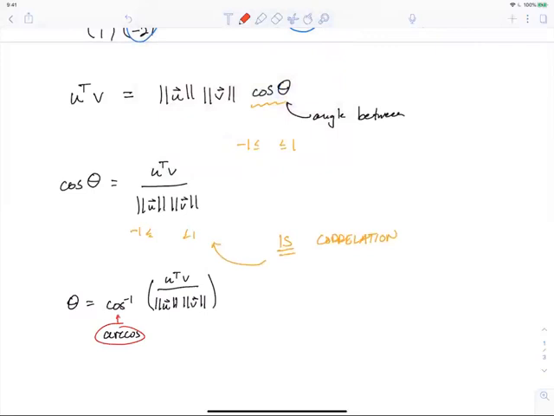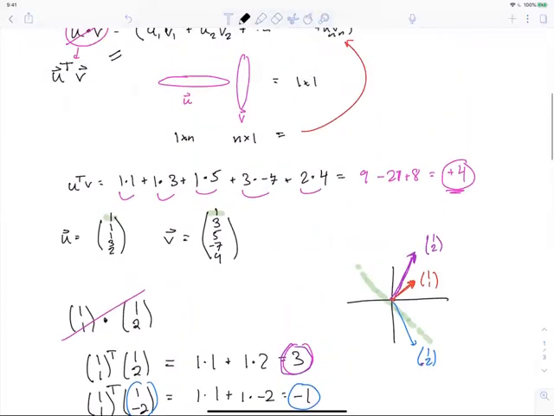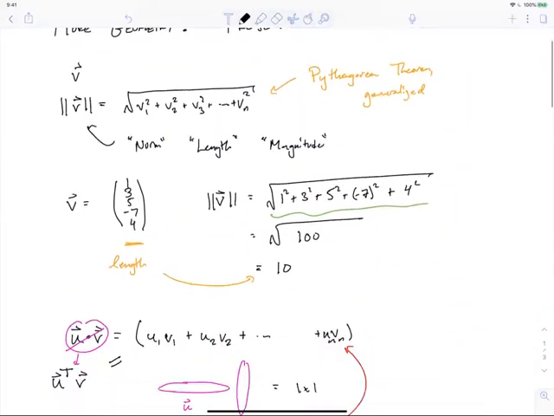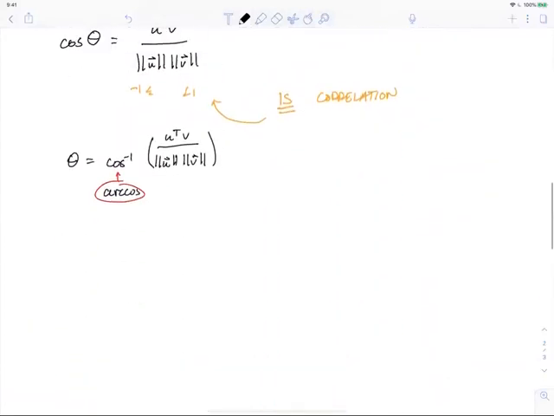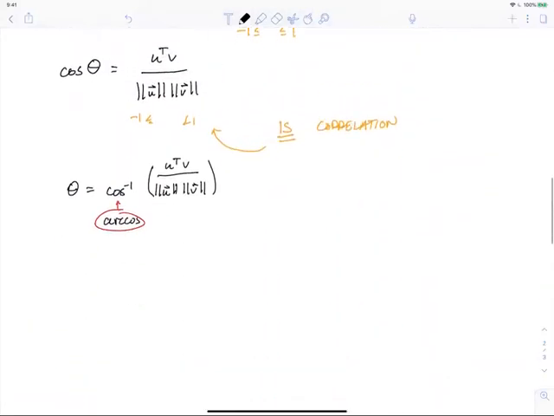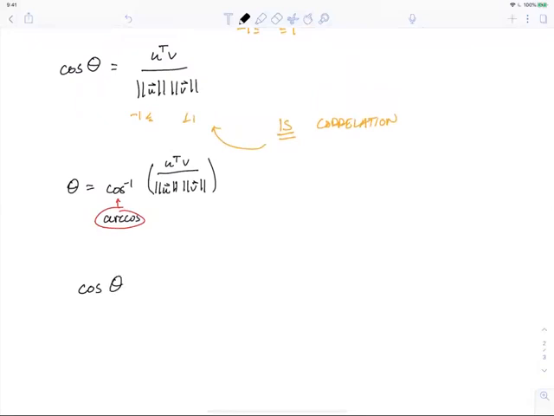So this gives us a way of measuring things. This works very well, even though we're now going to work in higher dimensions. Let's just do our running example. We can find the angle between these two vectors, u and v from before. First, the cosine of the angle between them is equal to u transpose v over the norm of u and the norm of v.